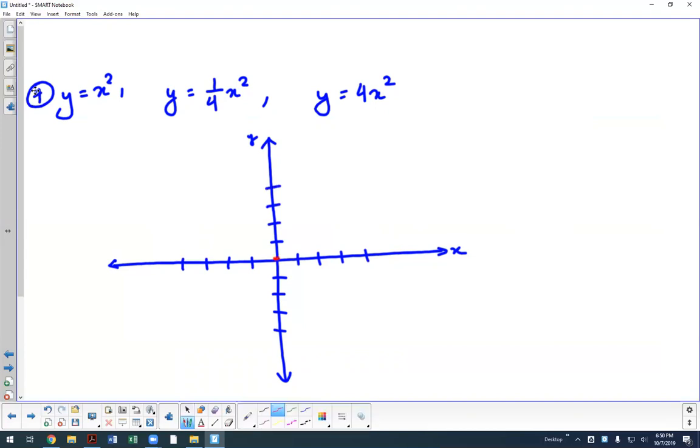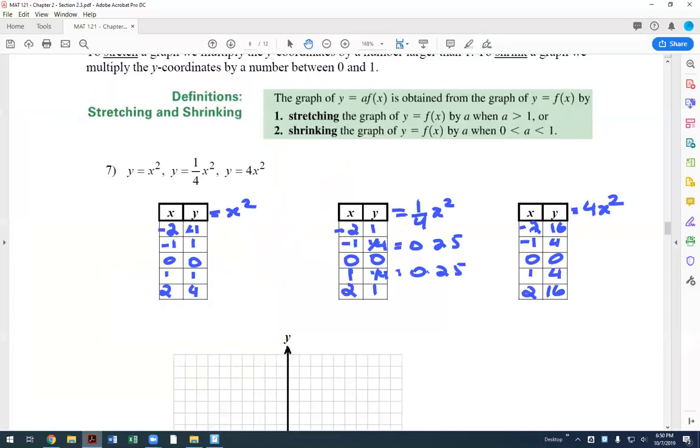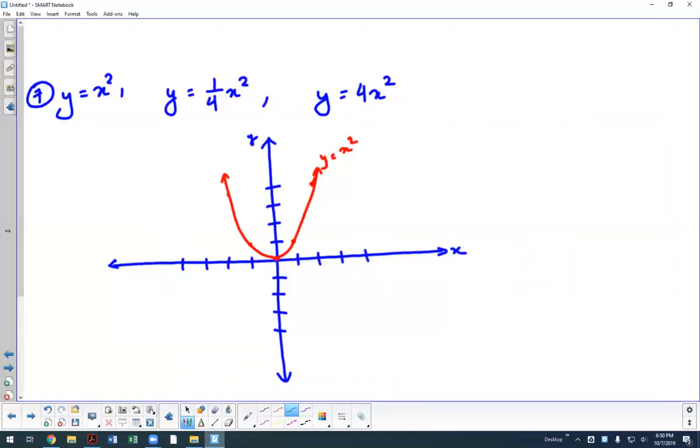Okay, so our base function is just x squared. So we're trying to see how the stretching and shrinking will happen. So with the 1/4 x squared, we had (-2, 1), (0, 0), and (2, 1).